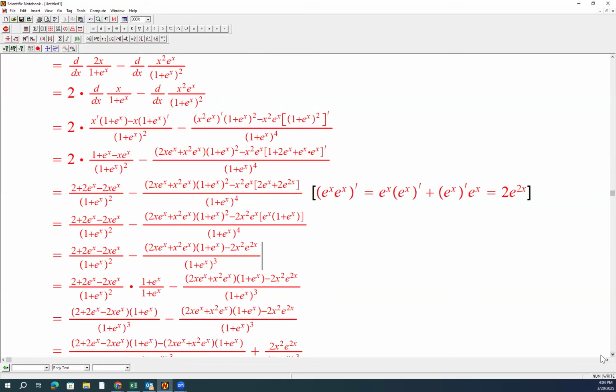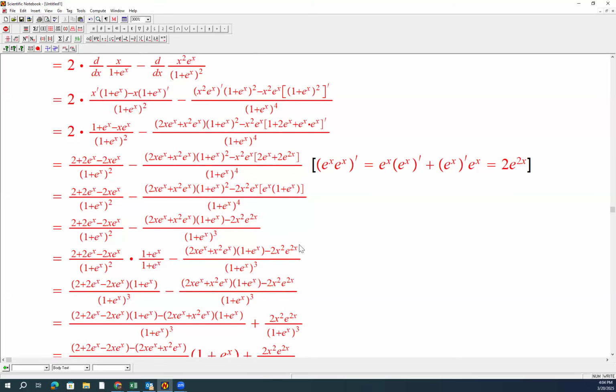On this step, we are making a common denominator. The common denominator is 1 plus e to the power x, to the power 3. We got the power 3 here, but we don't have it there, so we have that piece, right? That's 1.